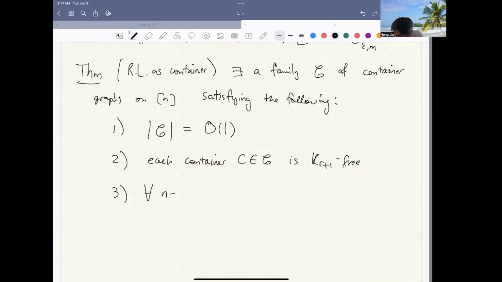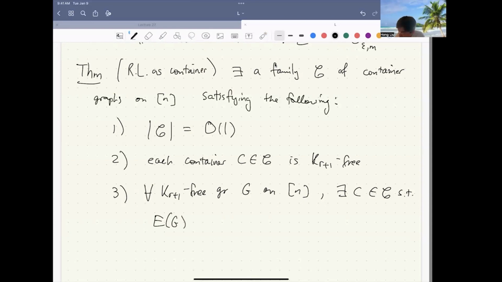For any K_{r+1}-free graph, let's call it G, on the first n vertices, I can find the container C in C such that G is almost contained in C, such that the number of edges in G that are not in C is little o of n squared.